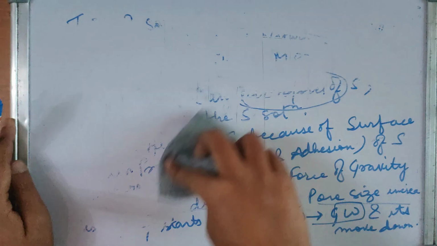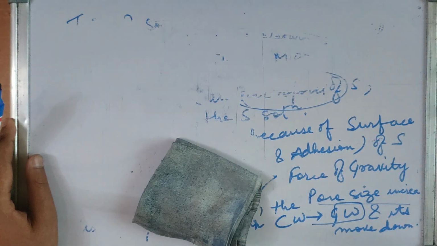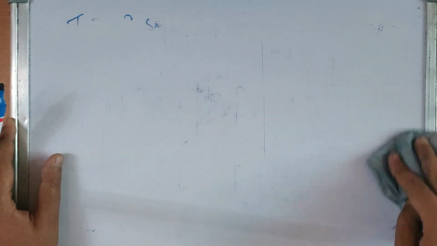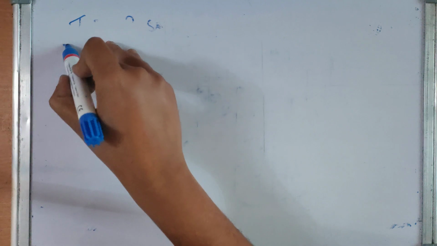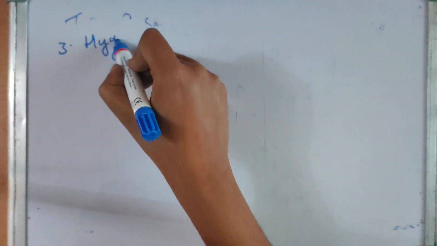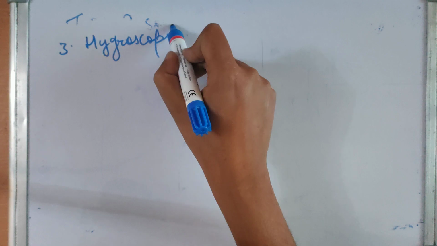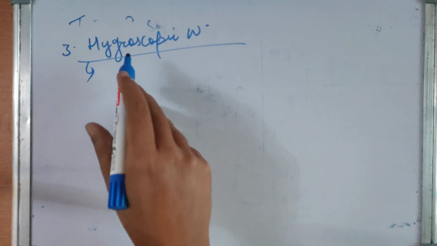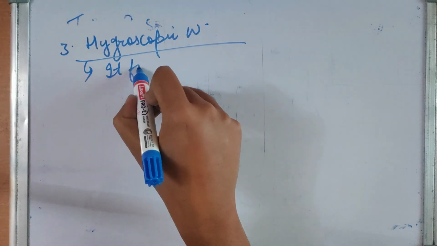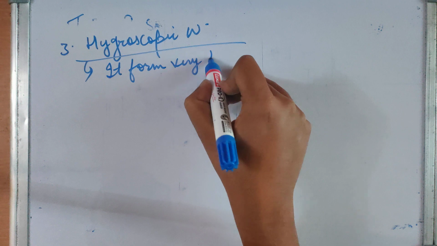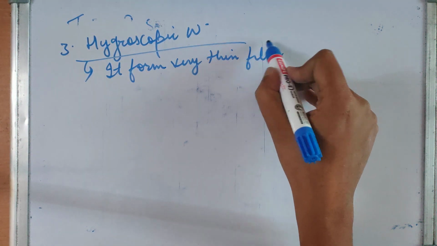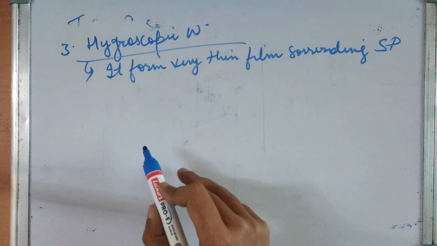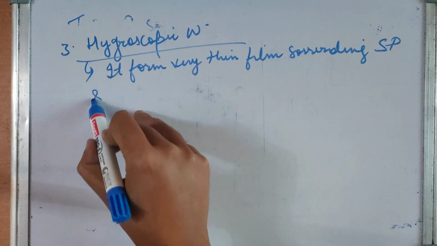Now moving on to the third type, that is hygroscopic water. It forms a very thin film surrounding soil particles and is greatly not available to plants.